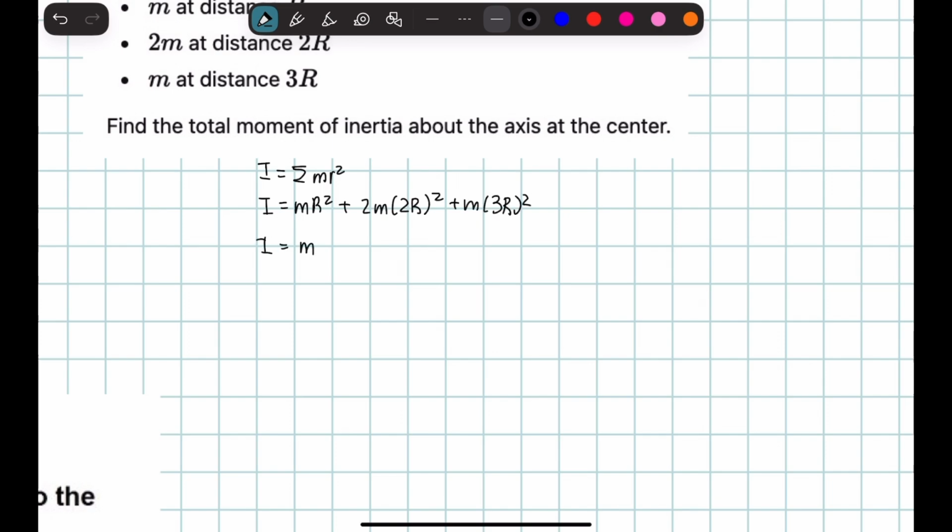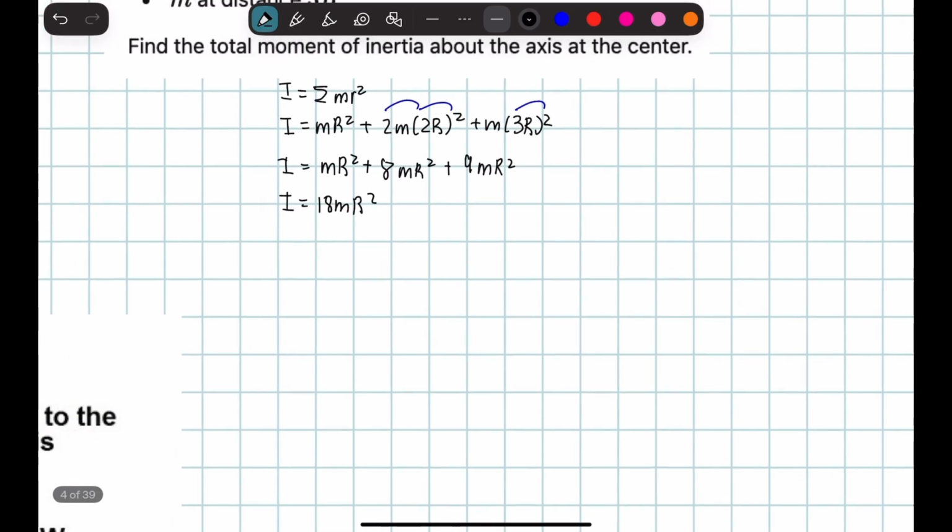Simplifying, we get mr squared plus 2 times 4, that's 8 mr squared, and then 3 squared is 9 mr squared. The inertia is going to be 18 mr squared.